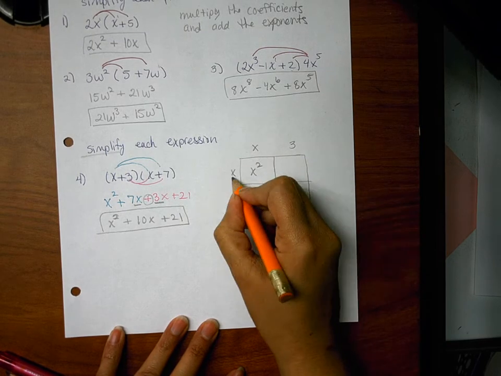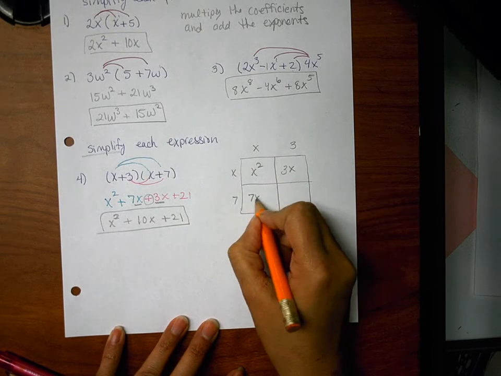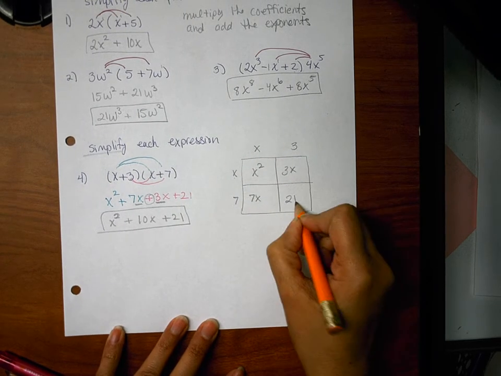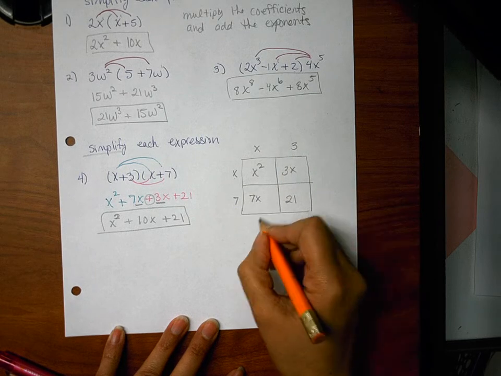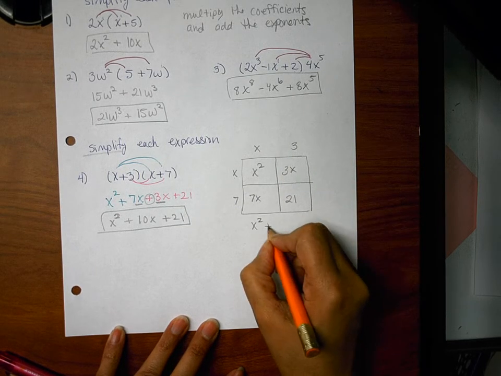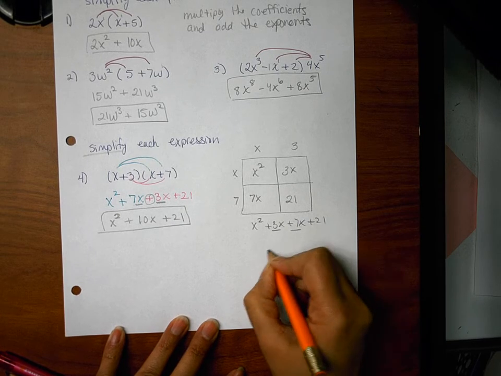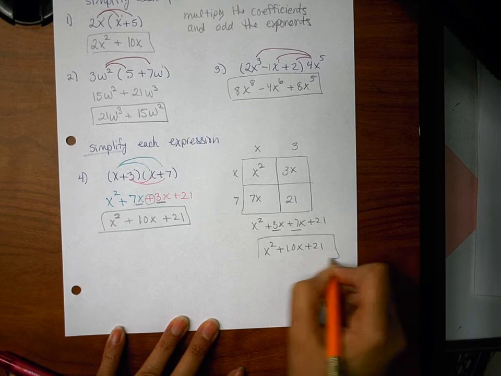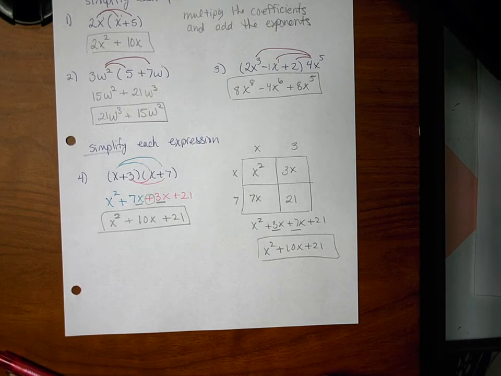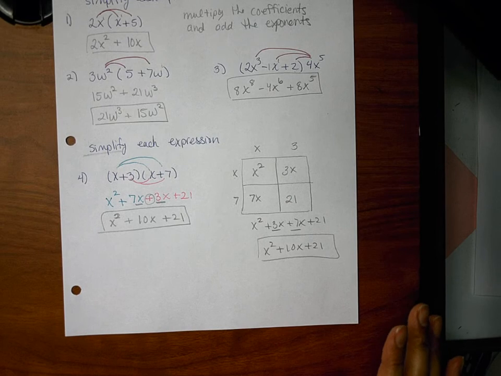And then you just multiply in each little box. X times x is x squared, x times 3 is 3x, x times 7 is 7x, 3 times 7 is 21. And some people like the visual, like keeping everything separated, and they're all positive, so x squared plus 3x plus 7x plus 21, x squared plus 10x plus 21, same answer, your choice on which method you like.